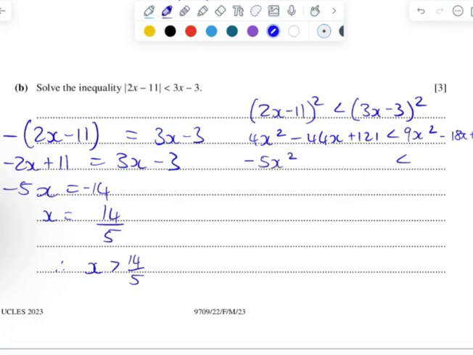So minus 18x, plus 18x, that becomes negative 44. Sorry, negative 44 plus 18 becomes minus 26x. And then 121 minus 9 is 112.